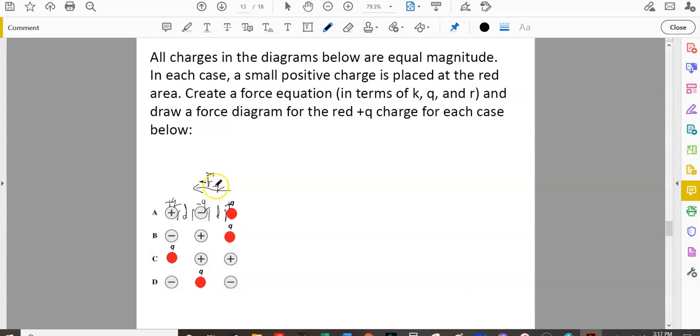I'm just denoting what's causing the force on our red q by this negative q. Well, this positive q is really far away, and it would be repulsive, but it's only going to have a small force, so it's a positive q acting on our q, pointed to the right, which is why it has a positive there.